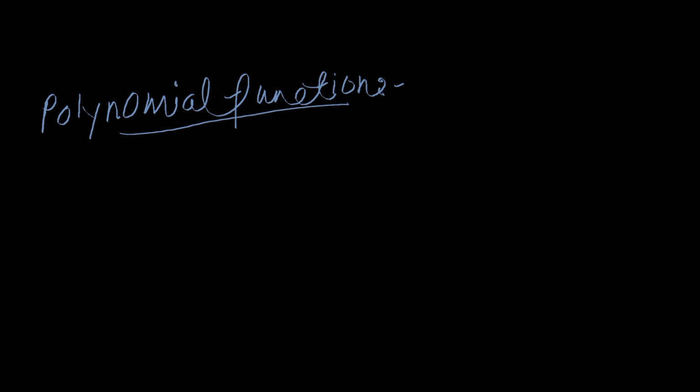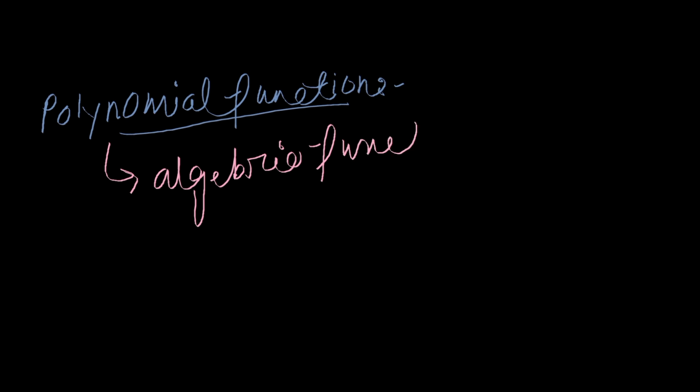A polynomial function is basically an algebraic function which consists of constants, coefficients, and variables. There are two other types of algebraic function. So what is special about polynomial?